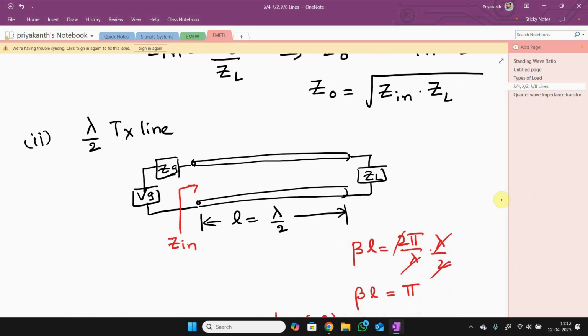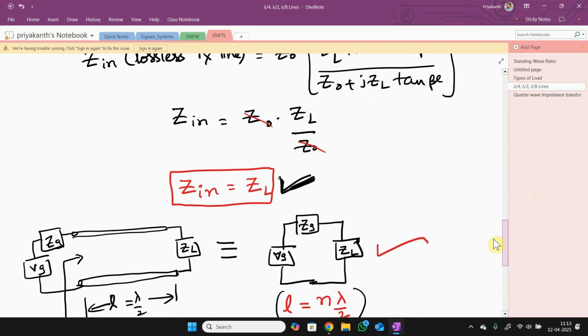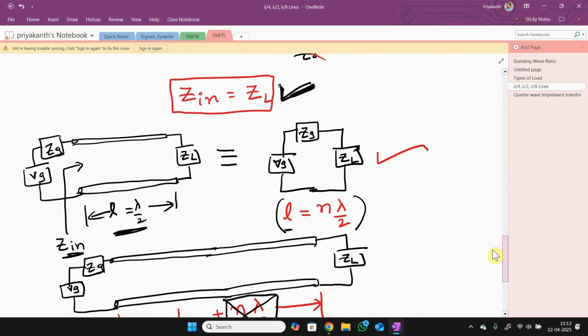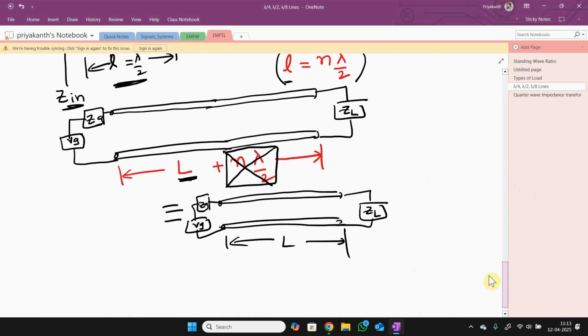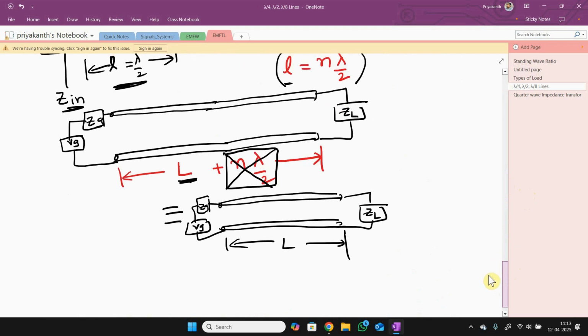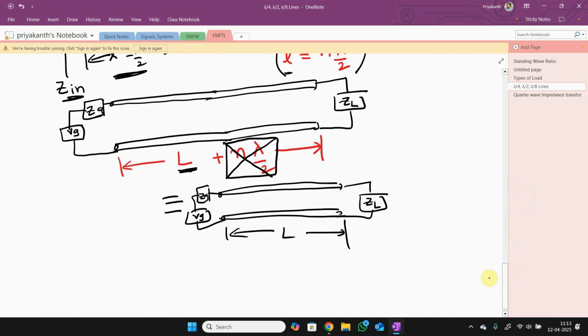So this half wavelength transmission line concept is used to reduce the length of a transmission line. If it is only half wavelength, then the transmission line is not required. It is equivalent to the source directly connected to the load. If it is L plus n times half wavelength, then it is equivalent to a transmission line having a length L, because in this case Zin is equal to ZL.